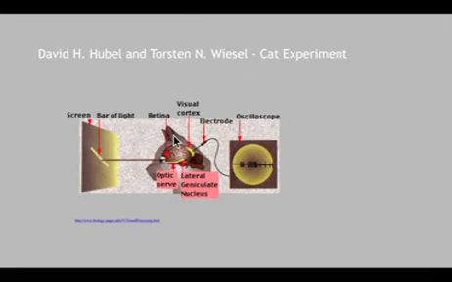As a first step, they gave anesthesia to the cat so that the cat is in a passive state, however the brain is functioning. And thirdly, they wanted to study the relationship between the cat's eye and the brain of the cat.